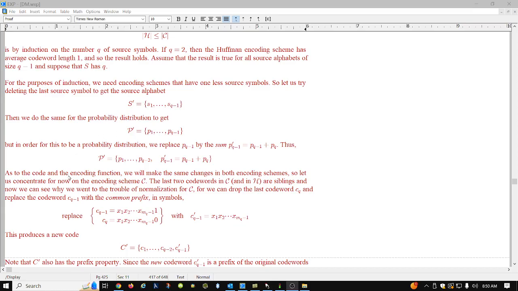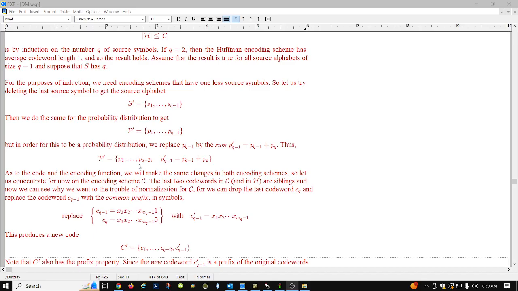Now what about the code and the encoding function, both from H and from C? We need to extract from them codes and encoding functions that will fit this shorter information source, S prime, P prime.